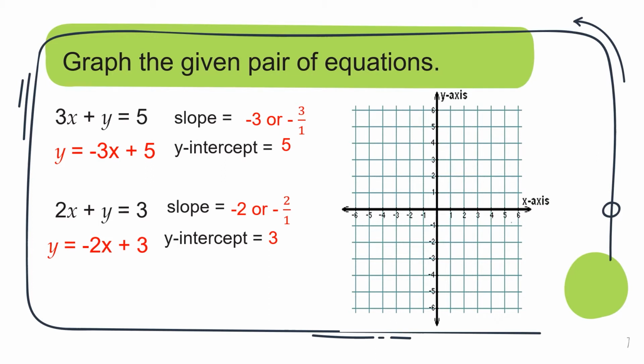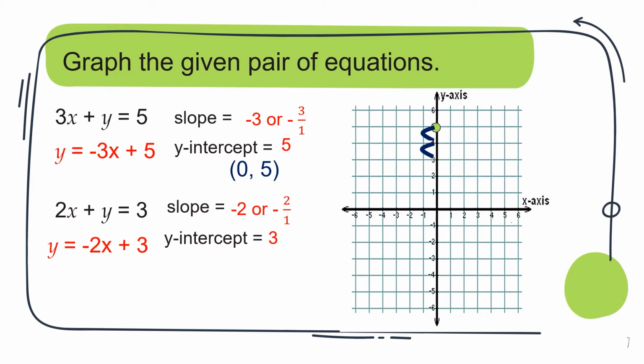For 3x plus y equals 5, the y-intercept is at positive 5. So the point is located at 0, 5, and that is along the y-axis. To find the other point, we have to take a look at the slope, which is negative 3, or it can be written as negative 3 over 1. And the rise is negative 3, so we have to count 3 downward.